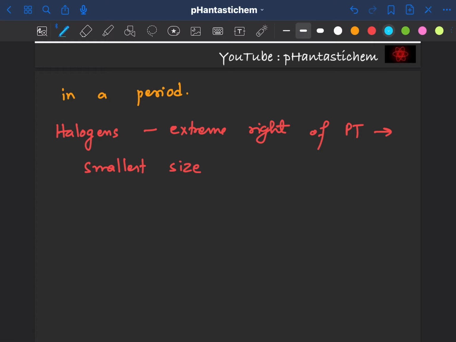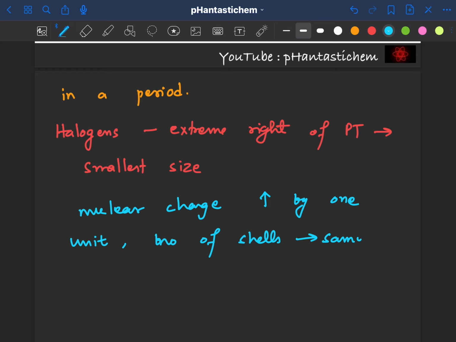Since the number of protons is increasing, this leads to enhanced nuclear charge, due to which the power of the nucleus will increase and electrons of all the shells will be pulled a little closer to the nucleus, making each individual shell smaller and smaller.